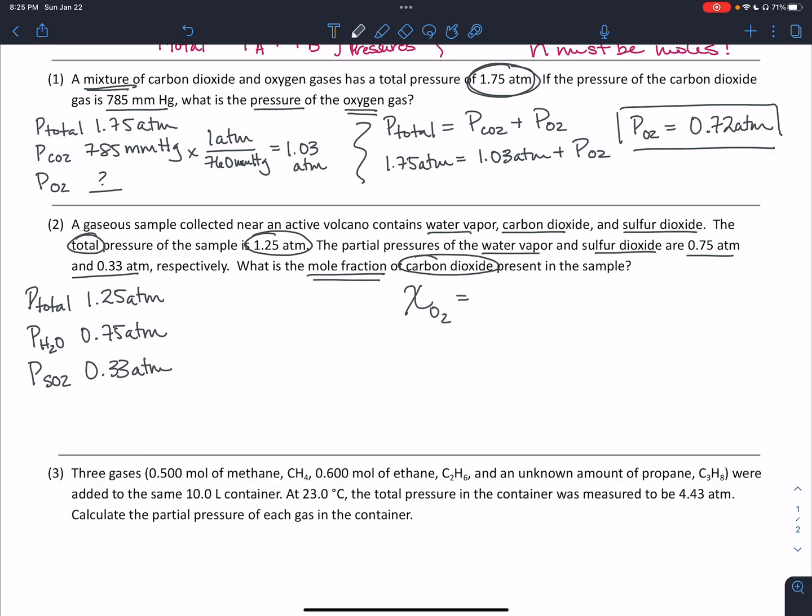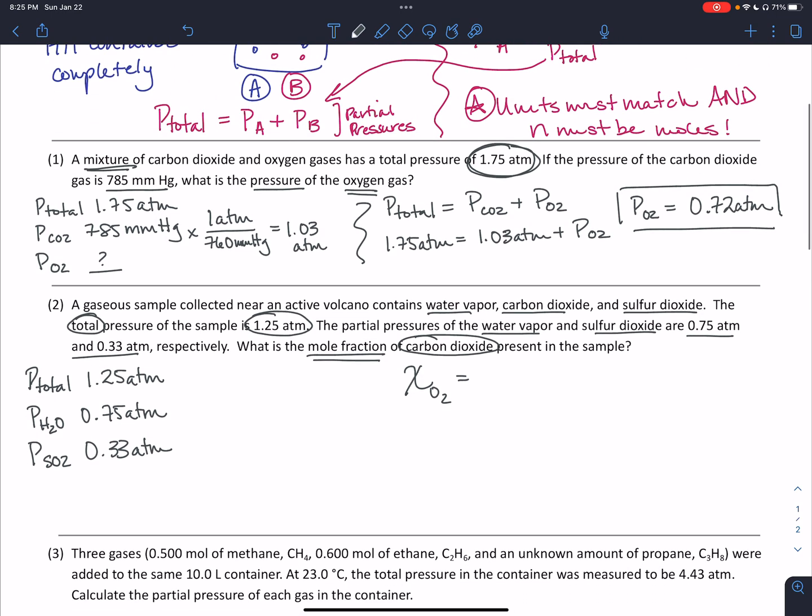Now, based on this problem, we don't know anything about moles. We haven't got mass, we don't have any moles. So when we talk about mole fraction of CO2, we're going to need to come at it from the pressure side. So the mole fraction is going to be equal to the partial pressure of CO2 divided by the total pressure. Now the total pressure I know it's right here, which means I got to be able to figure out the partial pressure of CO2.